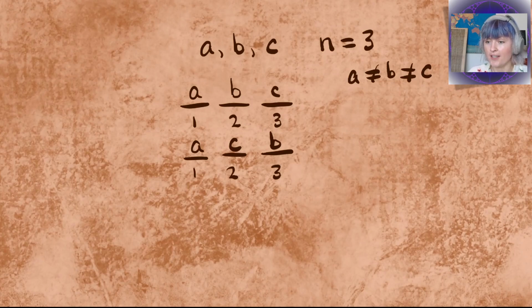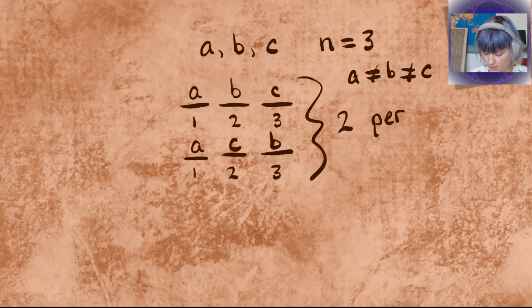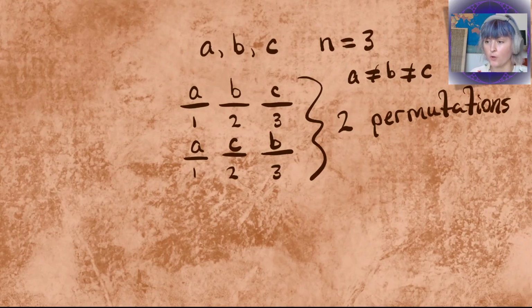With a combination, that's not the case. The order doesn't matter, just the size, and size meaning how many elements are in the arrangement. But the way that they're ordered does not matter. So in this case, there would be two permutations, two unique arrangements where order matters.